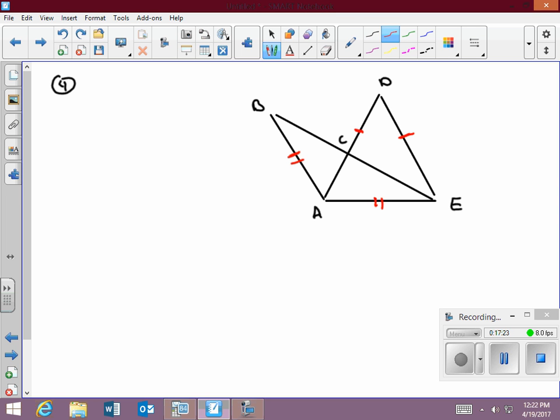And we can say then that this angle and this angle are congruent, and this angle and this angle are congruent. I get to change colors.